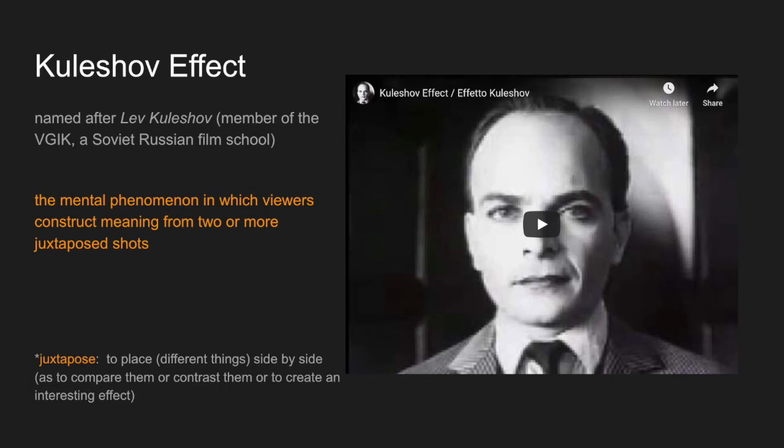Now at this time, Russia was Soviet, and any films that were being made were going to be propaganda films. But Lev Kuleshov conducted an experiment having to do with film editing. What he did was he took a close-up shot of this man right here, whose facial expression is very inscrutable.